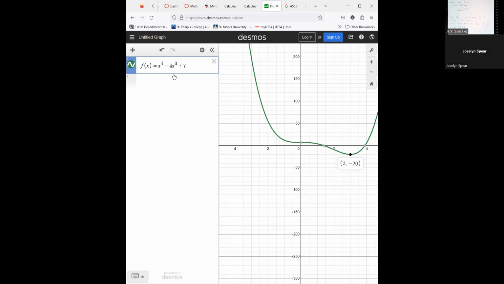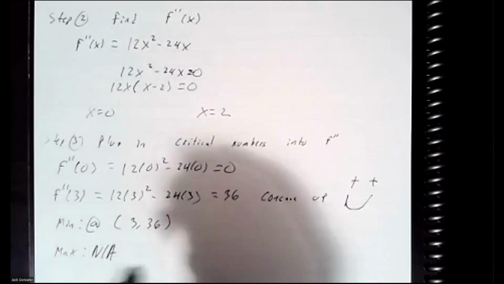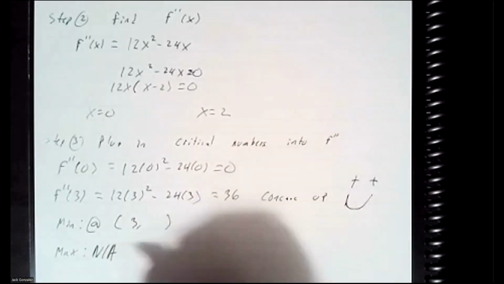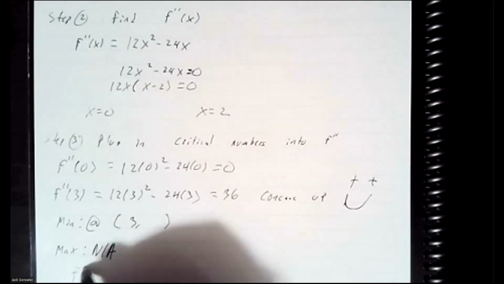Oh, I made a mistake. 3 is the minimum, it's the x value. I plugged it into the wrong place. Right. That was the second derivative value, not the actual location. To find that, you'd have to plug it into the original.